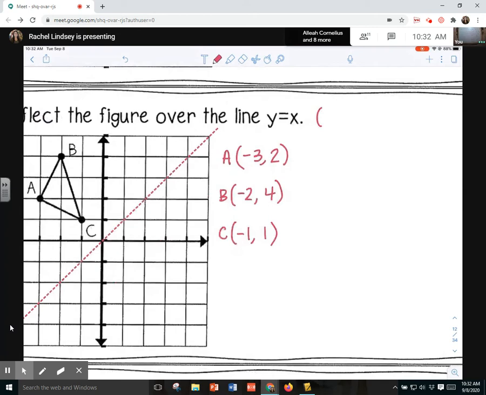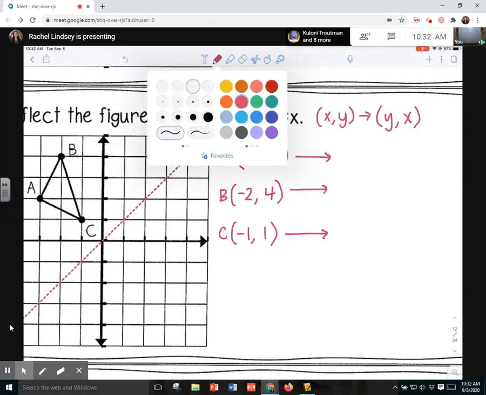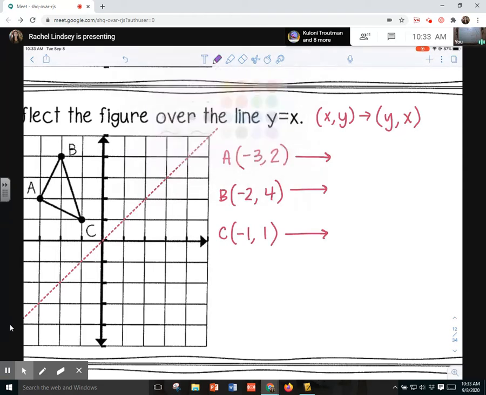So my rule that I need to remember for a reflection over y equals x is that my x, y, so my starting coordinates, change to be in the order of y, x. So my new coordinates should have the order of y, x. So I'm going to go ahead and write those out. So A prime, all you're going to do is switch the place of your two coordinates.